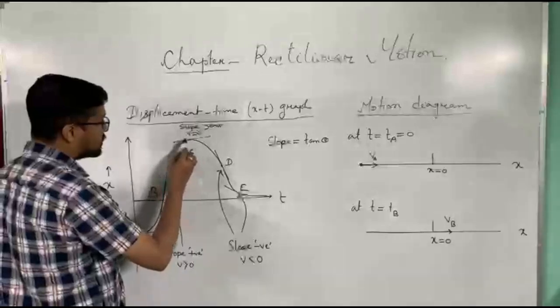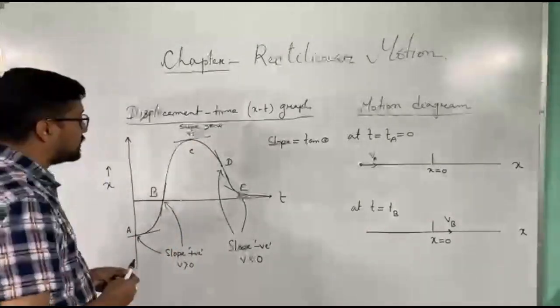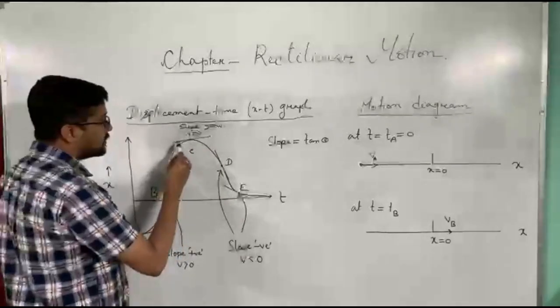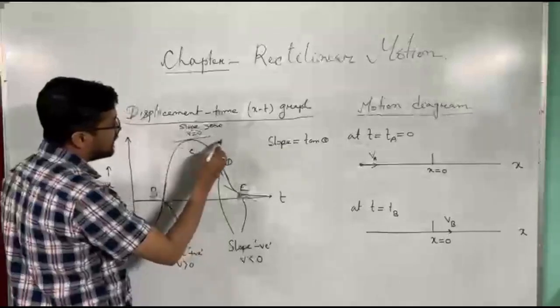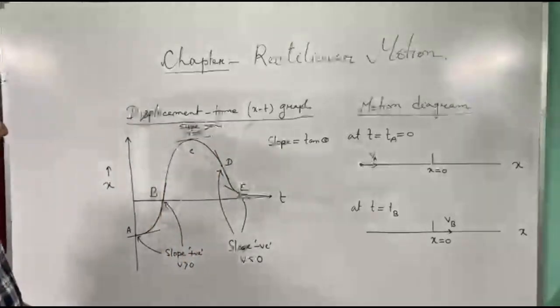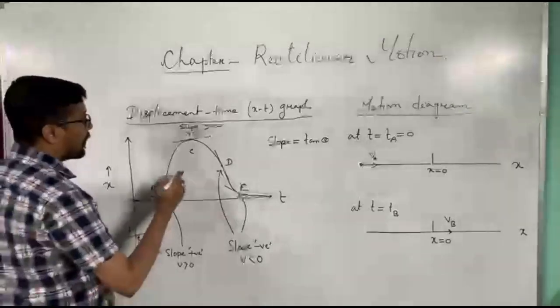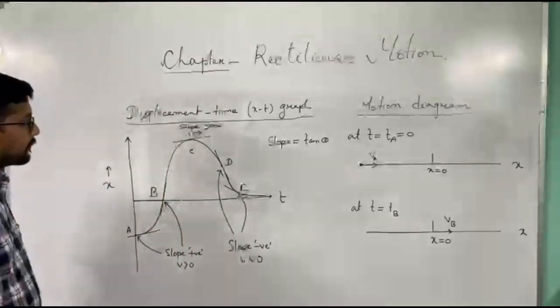And eventually at C, the speed becomes 0. The reason is the tangent at C is making a slope of 0, because here the tangent is a horizontal line, parallel to my time axis. That is why the velocity here is 0.